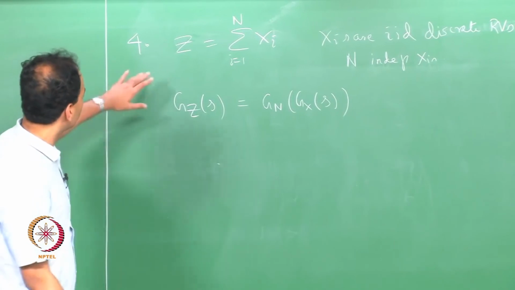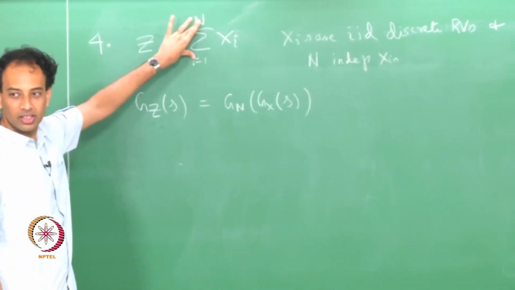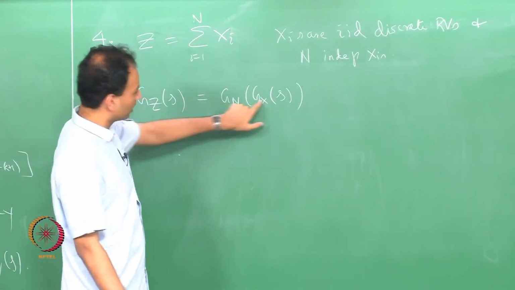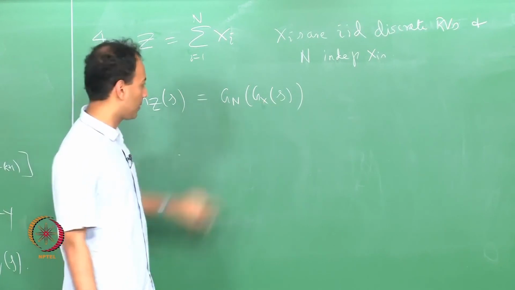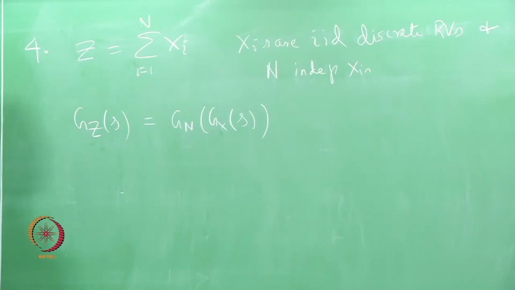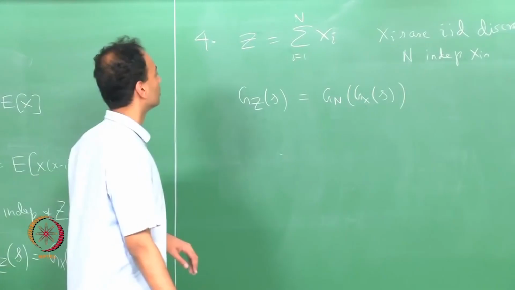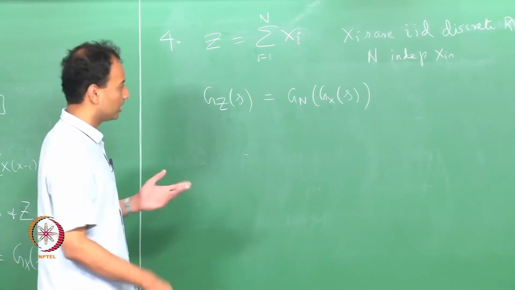So if you want to find the PGF of this random sum of random variables, you compose the PGF of n and the PGF of x. And how do you prove that? You use iterated expectations.